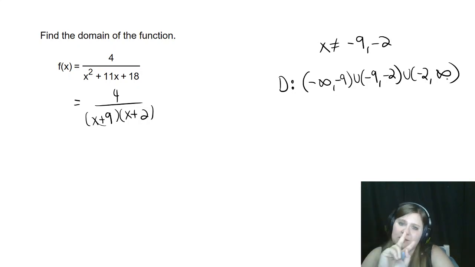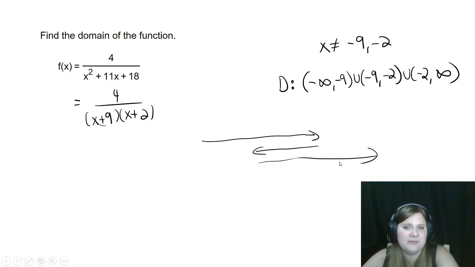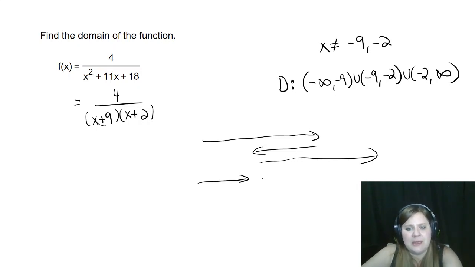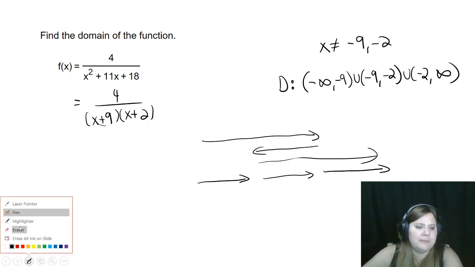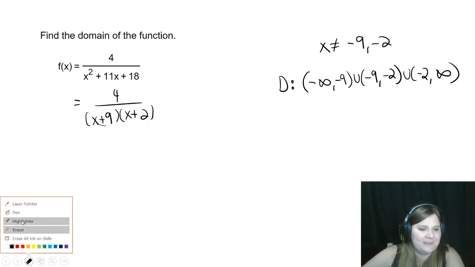I cannot switch negative 9 and negative 2 in my interval because it wouldn't make sense to go to negative 2, back to negative 9, and then past negative 2. But if I go up to negative 9, up to negative 2, past negative 2, that would follow. So again, it's important that you make sure your numbers are in the correct order.